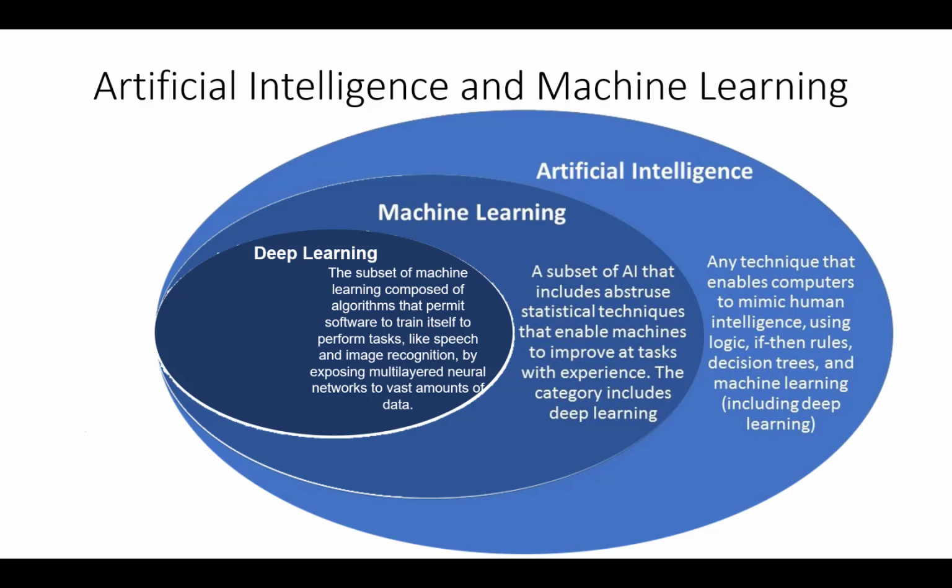Those models, those applications, not only can get better at tasks with time, but also they can perform more complex tasks like image recognition, speech recognition, and so on. There are lots of different examples. If you ever worked with Microsoft Cognitive Services, all of them are based on those deep learning techniques.